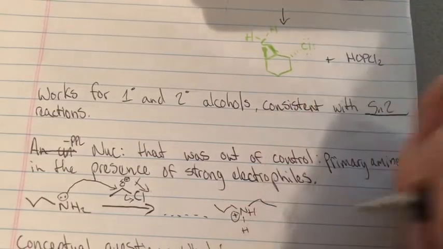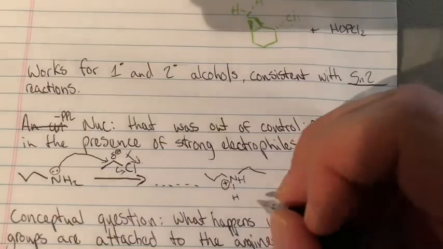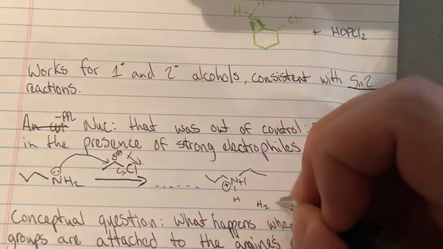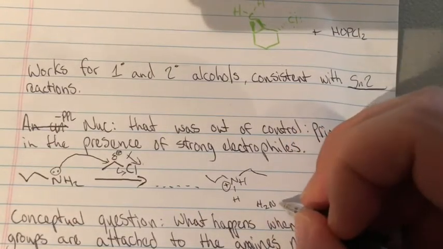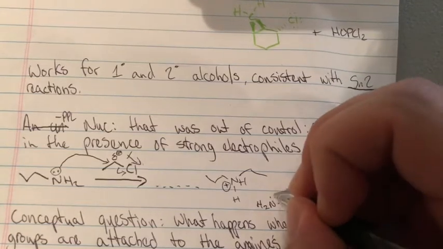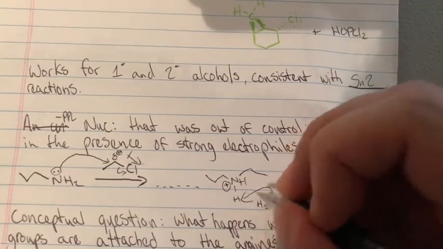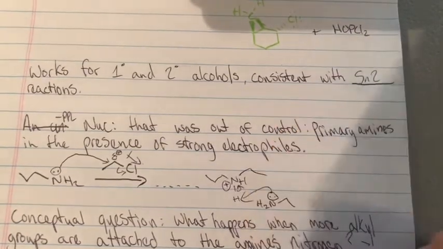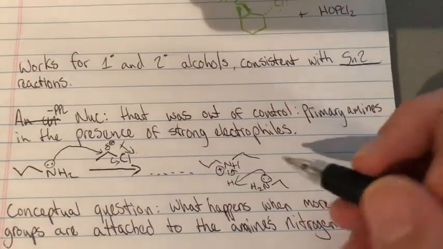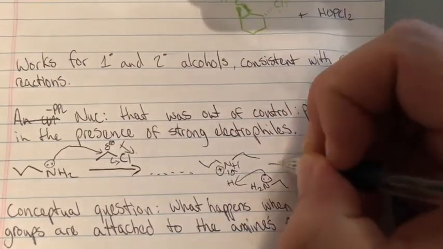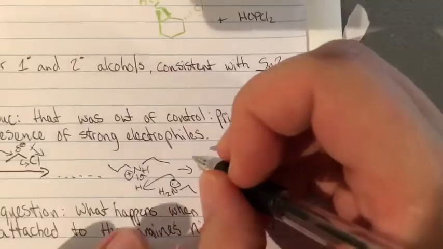Okay. Now, a second equivalent of amine will come around and act as a weak base to remove that. It's going to be more acidic. Okay, and then you'll have now a secondary amine.